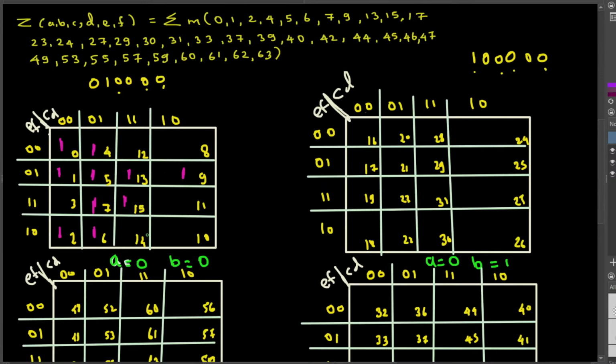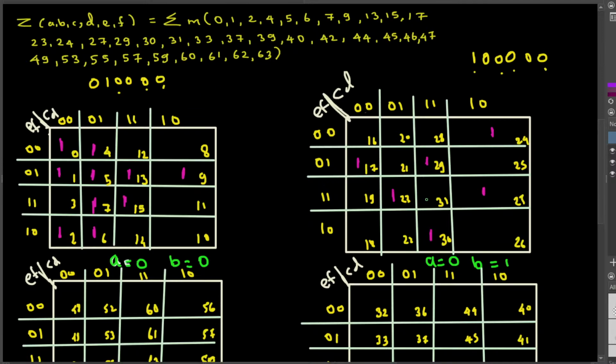We have 1 at 17. We have 1 at 23. We have 1 at 24. We have 1 at 27. We have 1 at 29. We have 1 at 30.